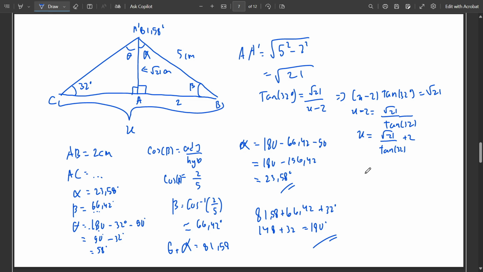So it will become approximately 9.33 centimeters. There's our x here. So our x is approximately 9.33 centimeters.